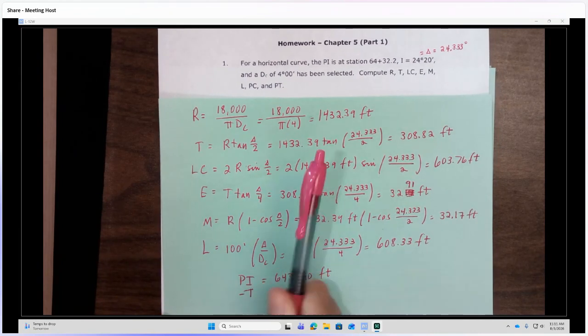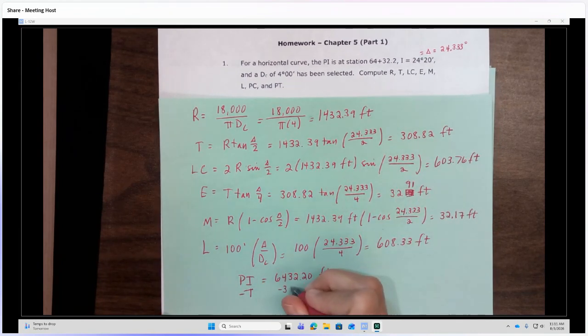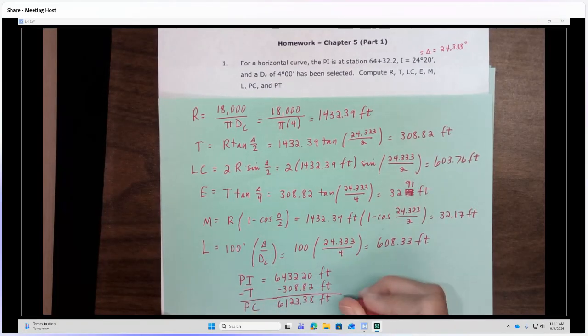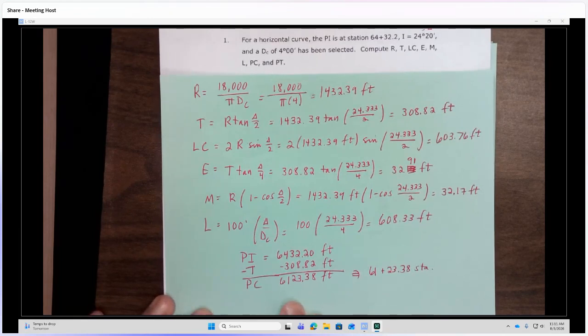So minus T, so minus that 308.82 feet. And that gets us to 6123.38 feet. That's my PC location, which in stations is going to be 61 plus 23.38.